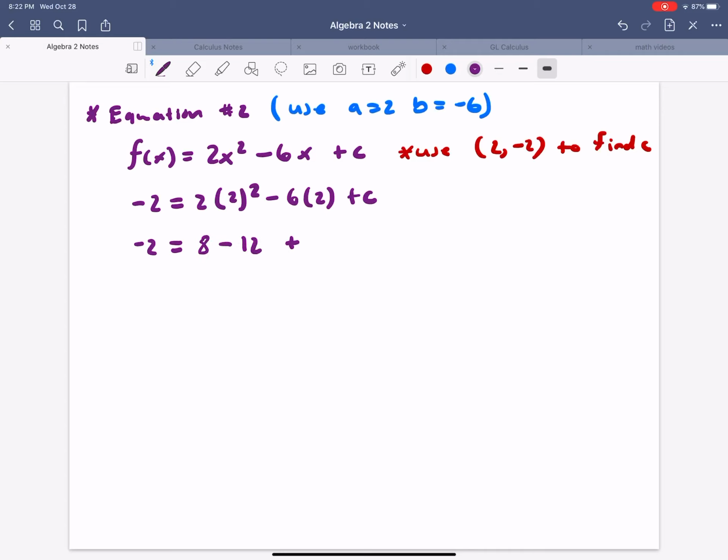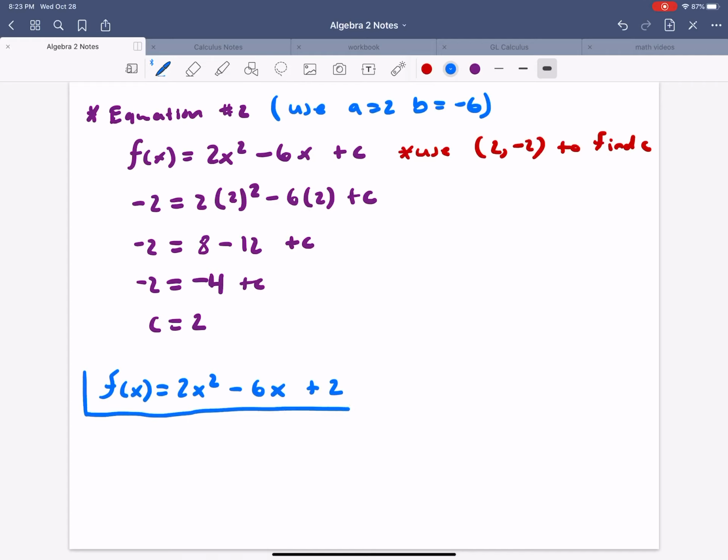Minus 12 plus c. So I get -2 equals -4 plus c. Add 4 on both sides, and I get c equals 2. So then I can build that equation, f of x equals 2x squared minus 6x plus 2. And that would be a combination that works.